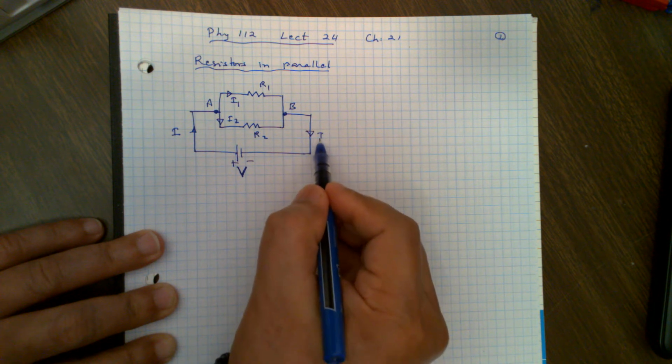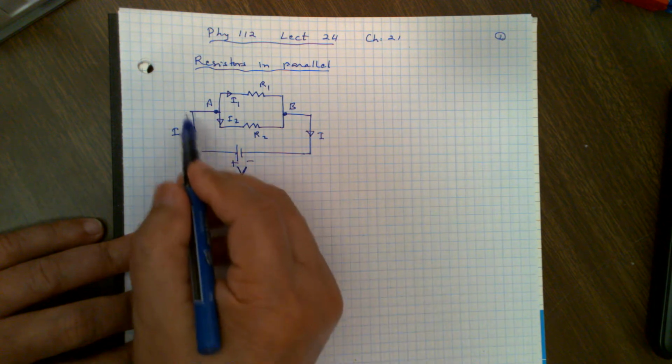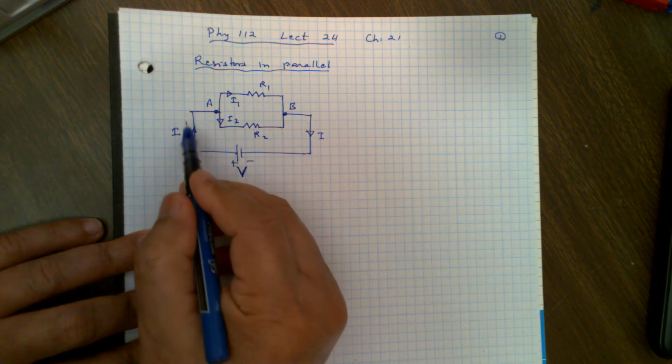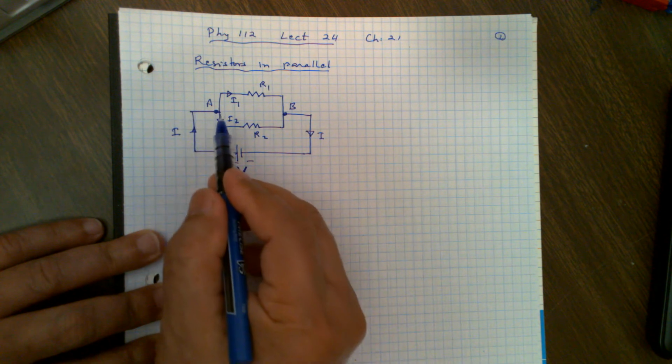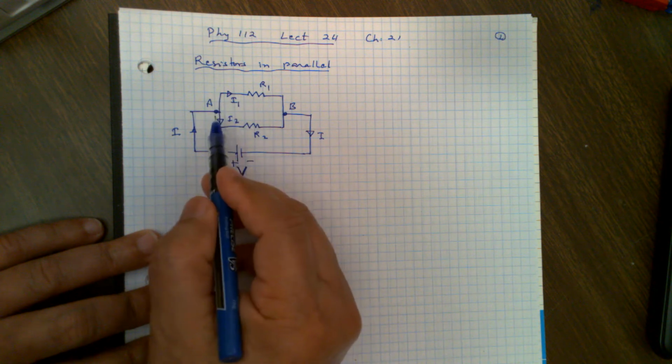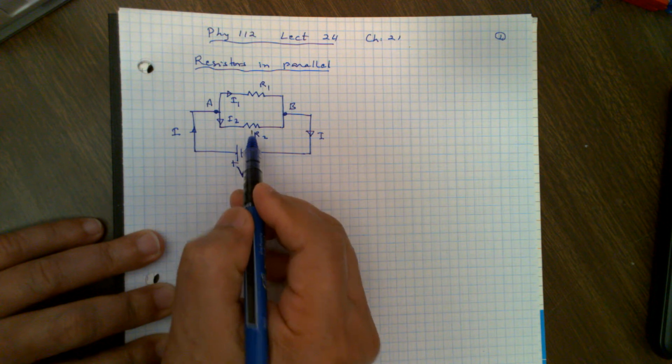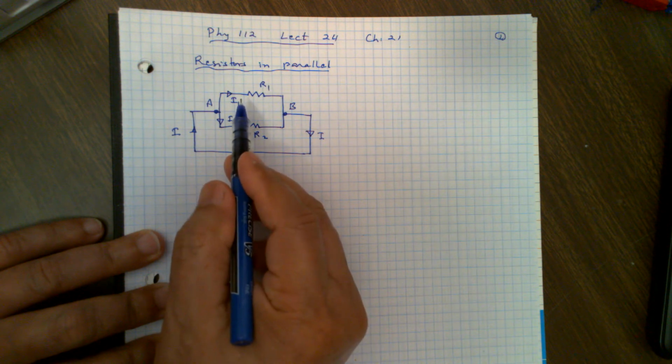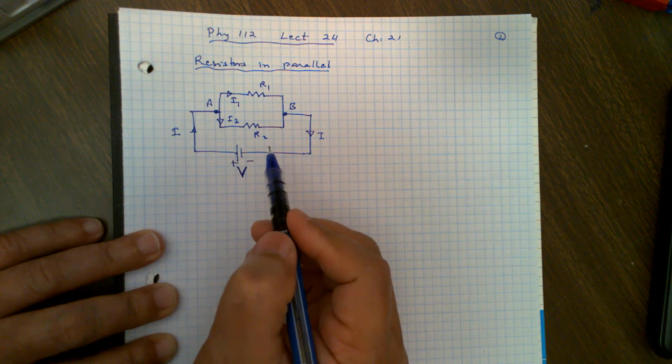Keep in mind, just like water flowing in pipes: 10 gallons per second flowing here, then you divide it into two ways, 3 gallons per second and 7 gallons per second, but nevertheless the sum is still 10 gallons per second.